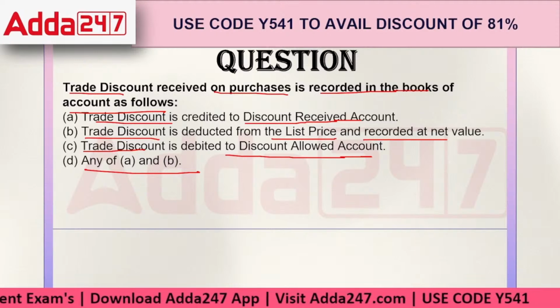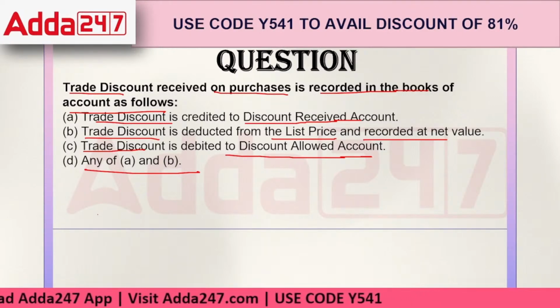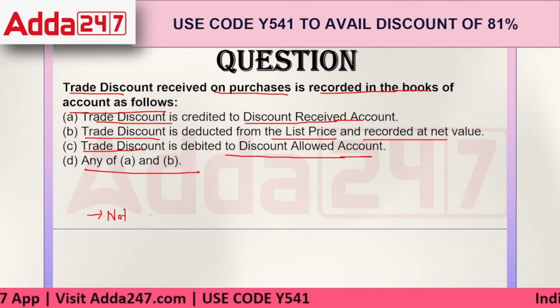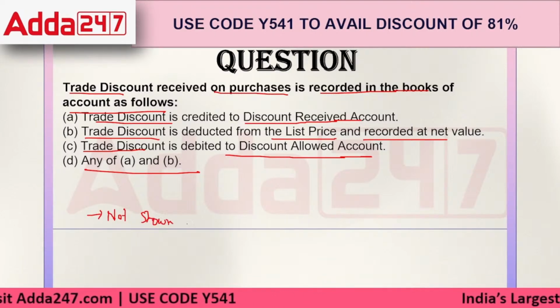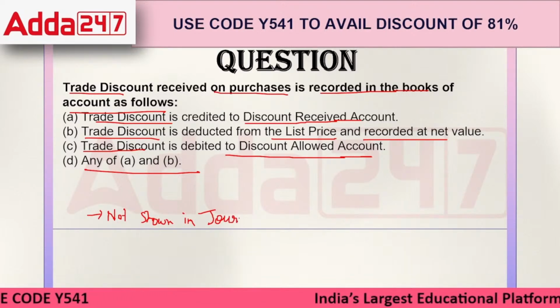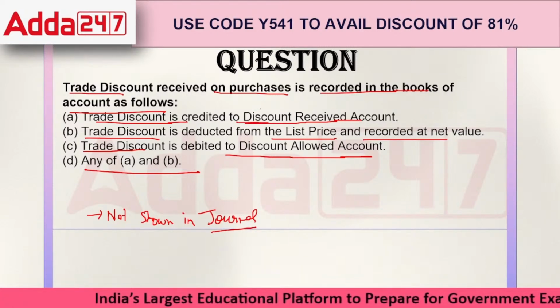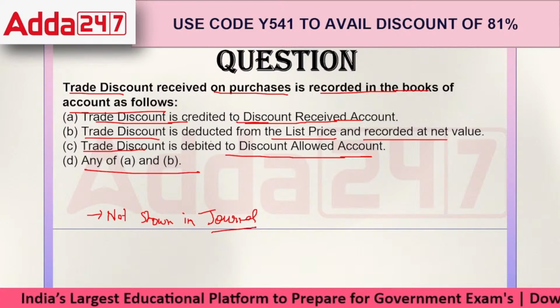If the trade discount is received on purchases, trade discount has got no place. It is not shown in the journal at all. Then what's the issue? In terms of trade discount, we are receiving it now, but it would not be shown anywhere.